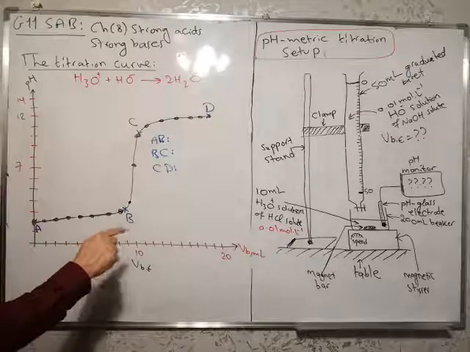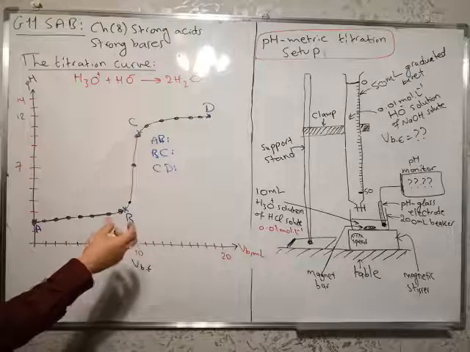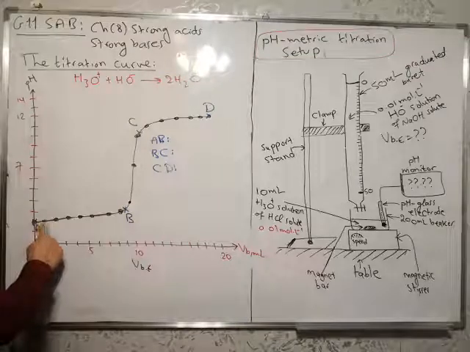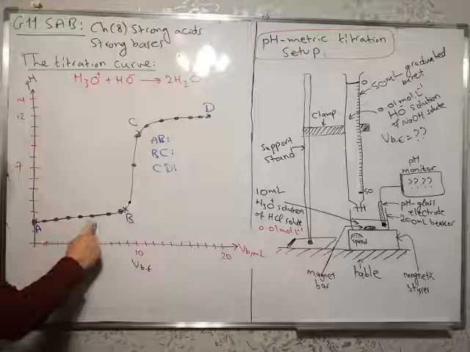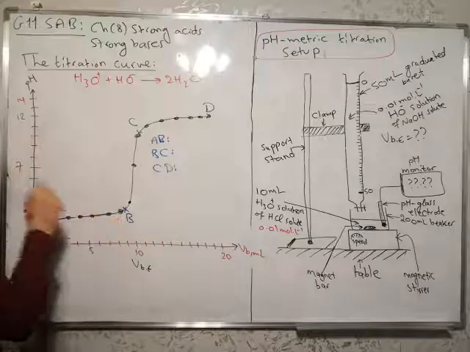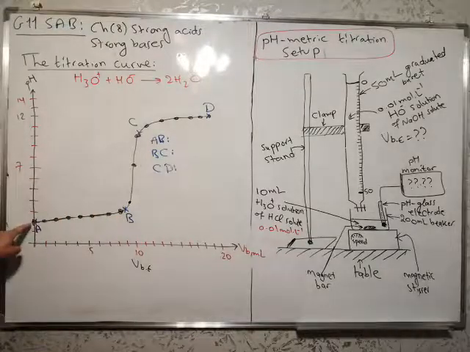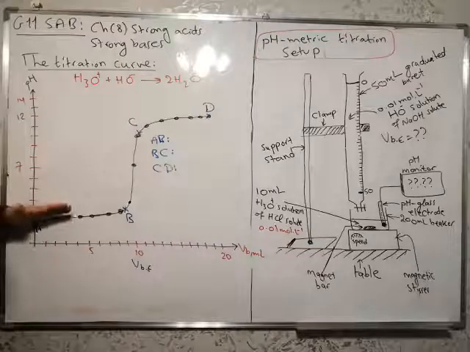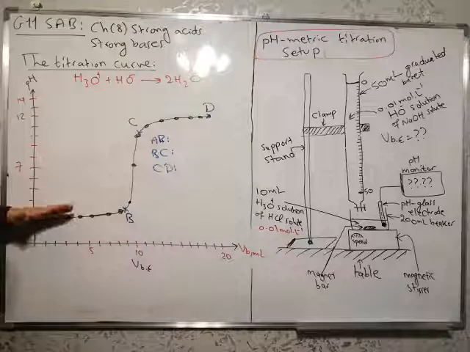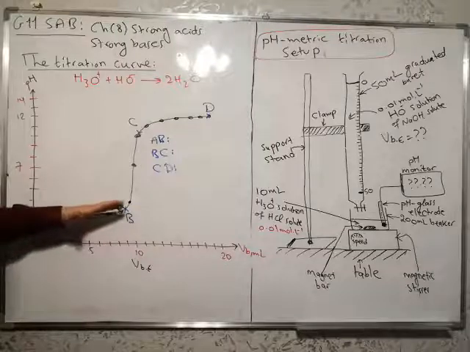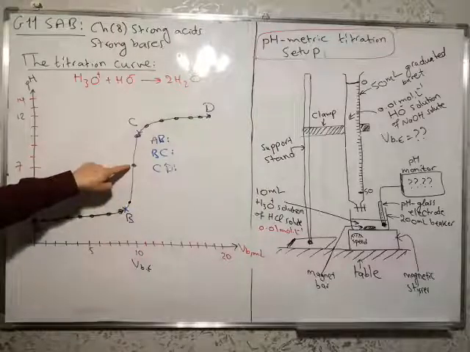And this acid has a concentration that decreases with time upon adding the volume of the base from the burette. That's why the pH increases slightly in this way, slightly, till we reach the equivalence point, this one.